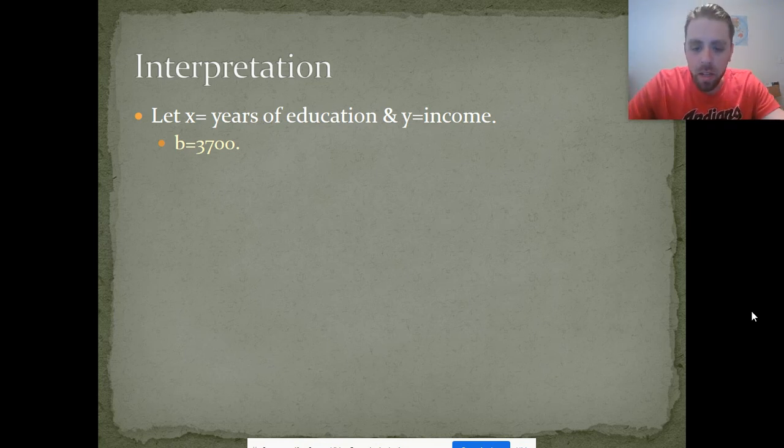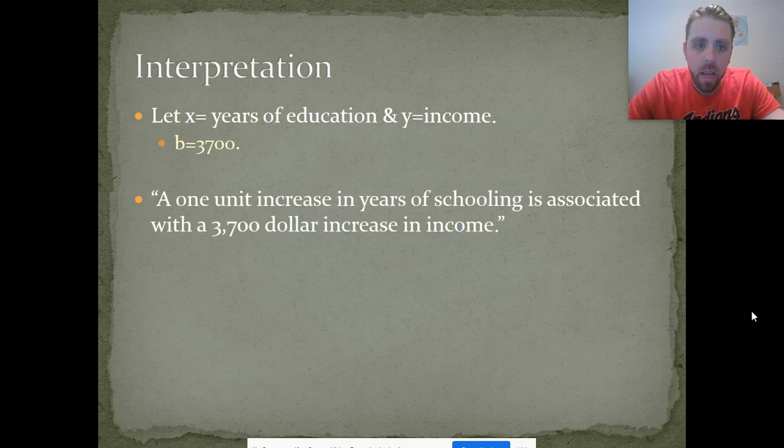Okay. Here's how I would do that. A 1 unit increase in years of schooling or years of education is associated with a $3,700 increase in income.